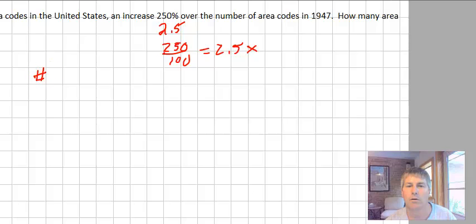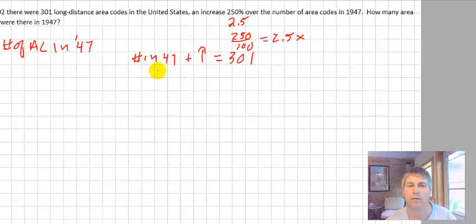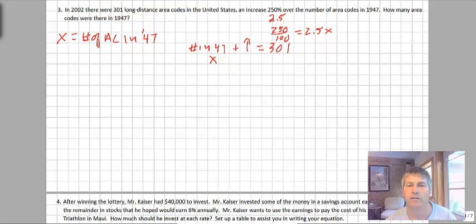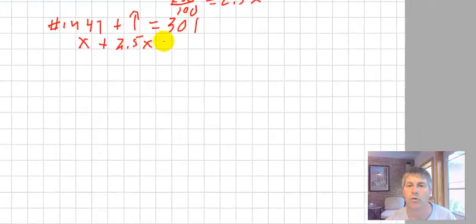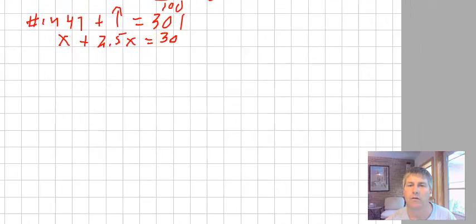So the number in 47 plus the increase equals the total of 301. So the number in 47 is x, plus the increase in area codes, the 250% is 2.5x, equals 301 total area codes. Well, 2.5x plus x is 3.5x equals 301.